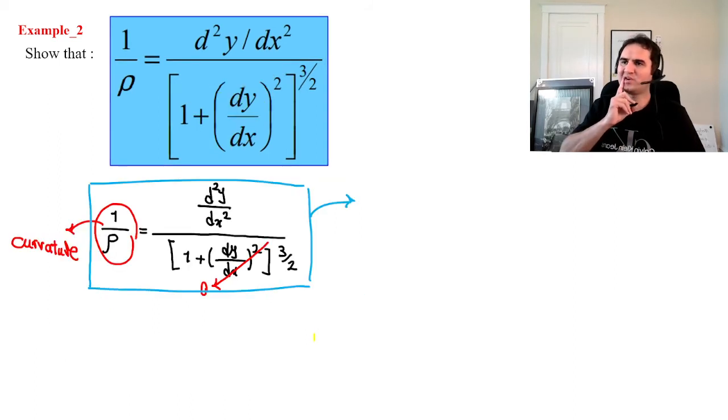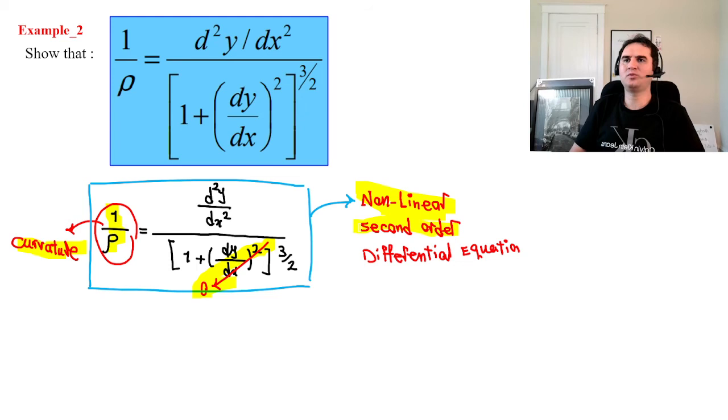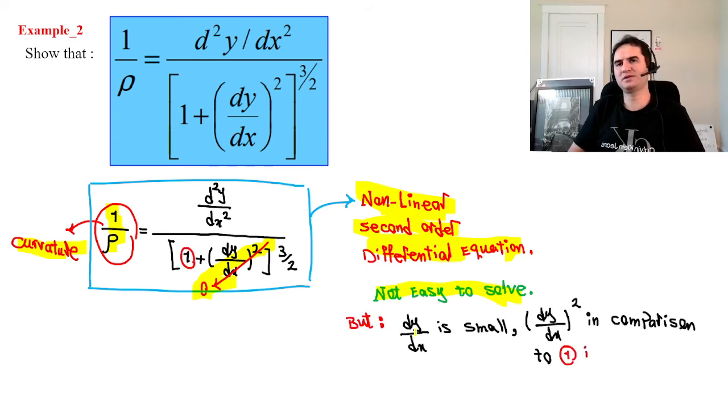So one over rho, with (dy over dx) squared going to 0, turns a nonlinear second-order differential equation, which is not easy to solve at all, into an easy equation, because dy over dx, as I told you, is very small. Its square is pretty negligible in comparison to 1.